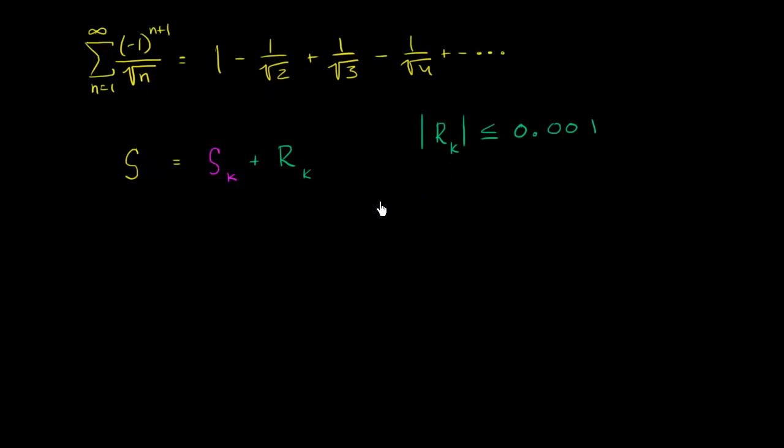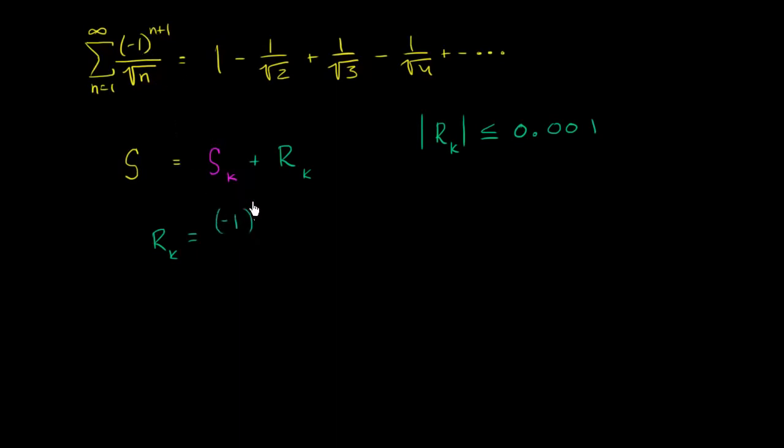All right, I'm assuming you've had a go at it. So let's just remind ourselves what r sub k looks like. So r sub k is going to start with the k plus first term. So it's going to be negative 1 to the k plus 1 plus 1.